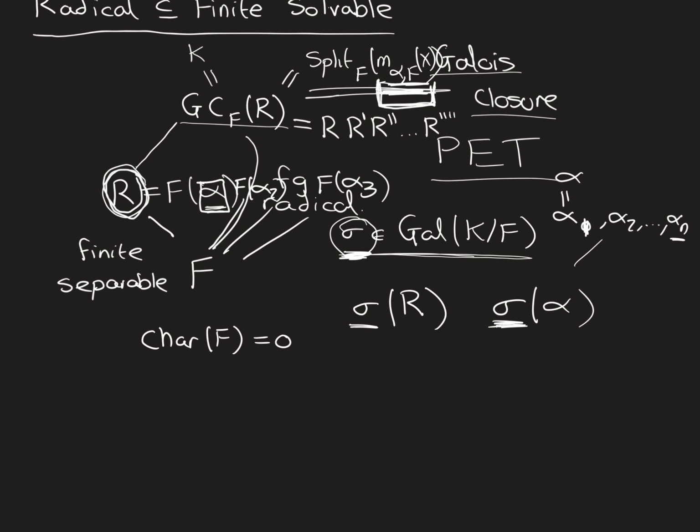All of these isomorphic copies of R that it's being mapped onto, the compositum of all of them will give you the Galois closure, because if you go over all of these, they're going to contain all of the other roots of the minimal polynomial. Therefore, this compositum is going to contain all of the roots of the minimal polynomial, ergo it's forced to be this whole splitting field of that minimal polynomial.